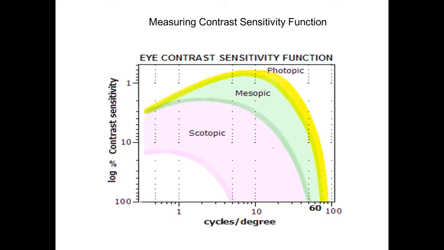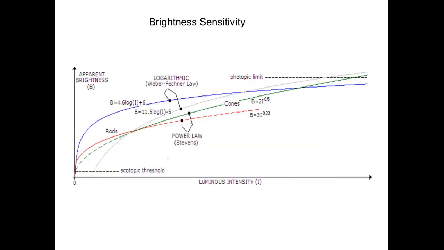It has been studied for the various photoreceptors separately: people have identified it for photopic vision, mesopic vision and scotopic vision. Both axes are in log. You can see that the sensitivity function curve is vastly different in photopic, mesopic and scotopic vision.